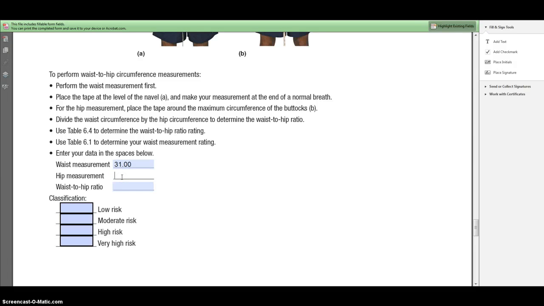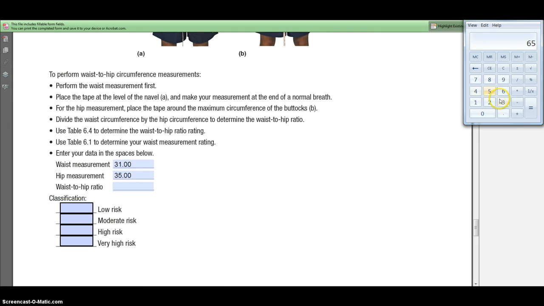My hips were 35. This is waist to hip ratio, so I can just divide that. So if I take 31, or whatever your top number was, I gave you those 2 readings, and I divide that by 35, okay, I end up with 88.5, or if I round it, I'd be 88.6.